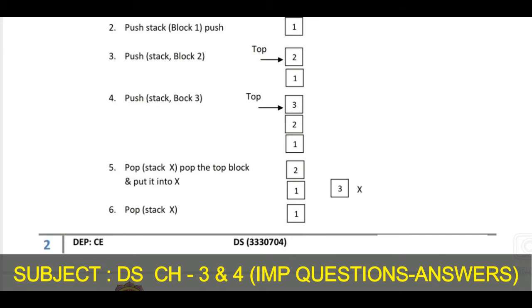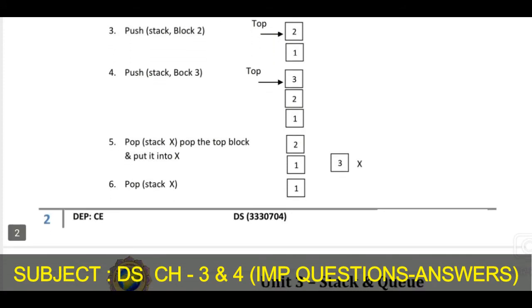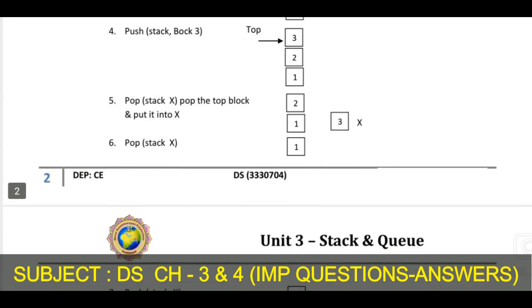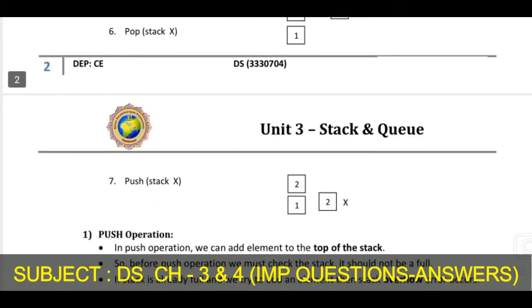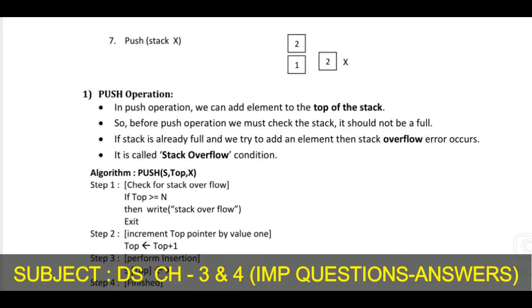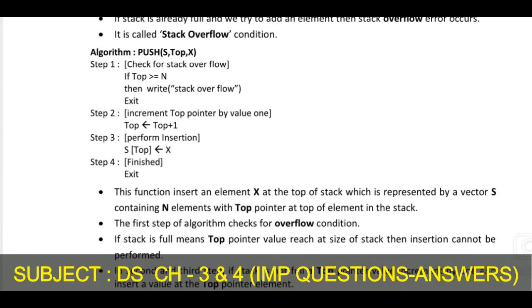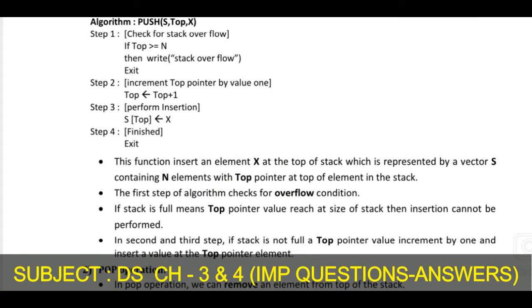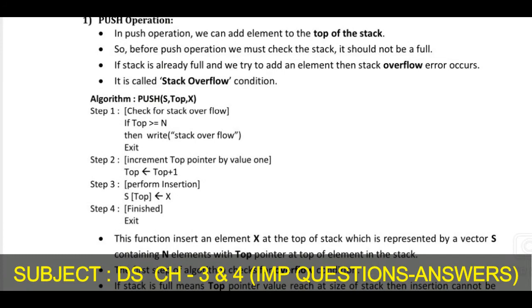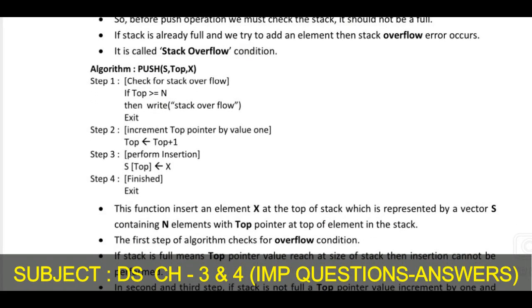Then the second one is push stack. So push the data. Then pop data. Then here one is the push operation with its algorithm step. So dear all students, we have already seen this topic with its algorithm in the video lecture series, but now here is the revision.